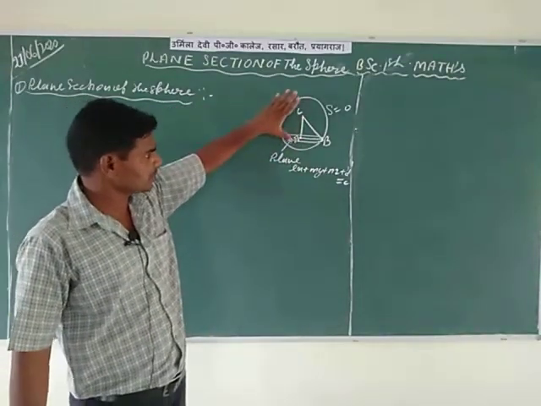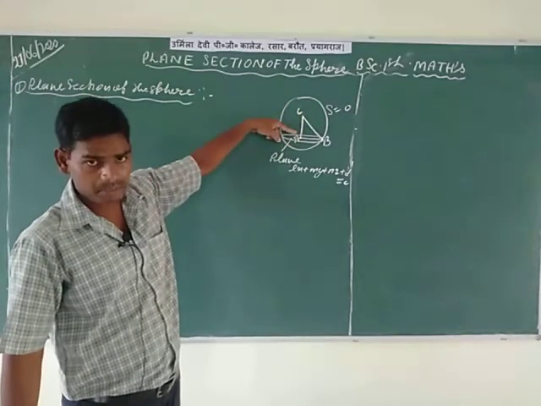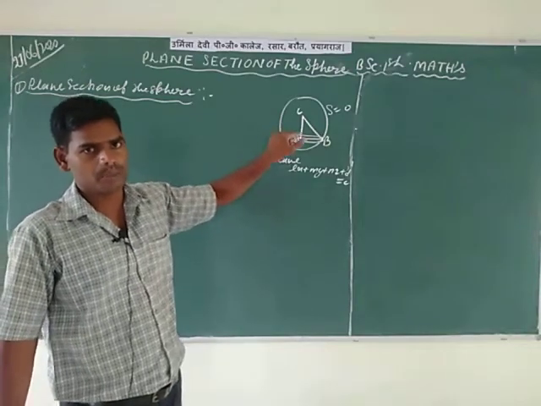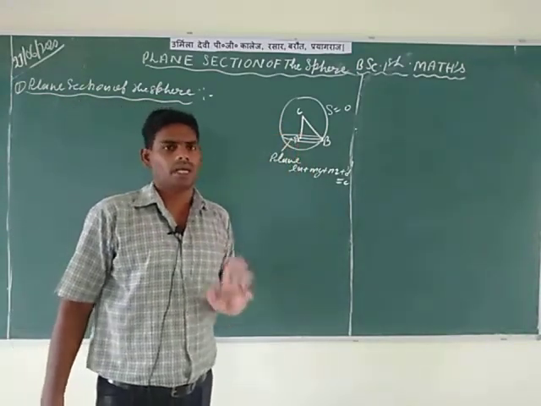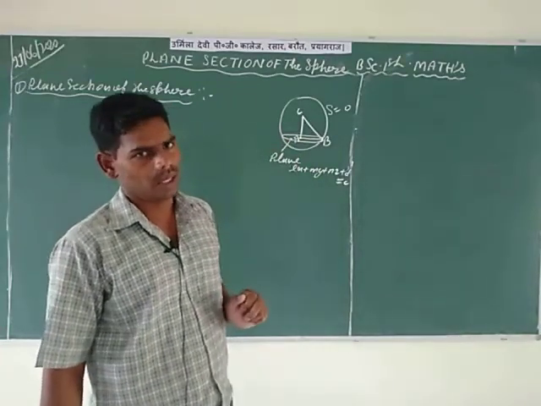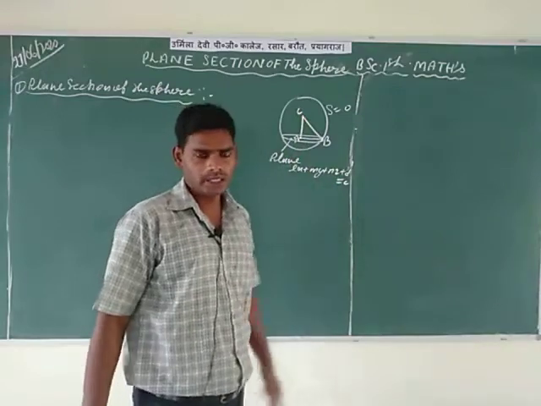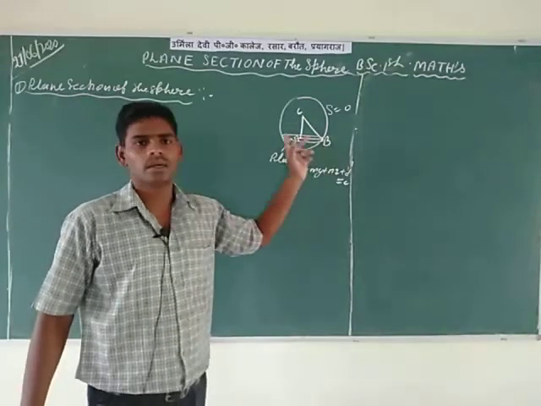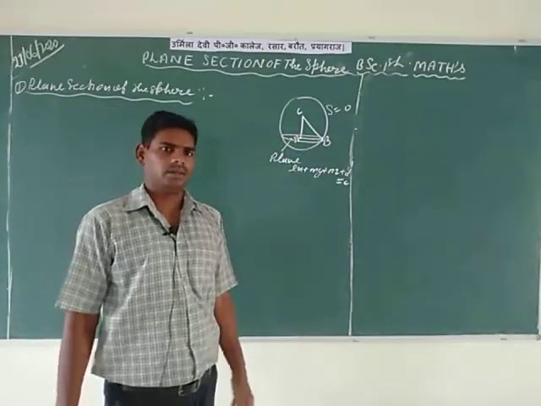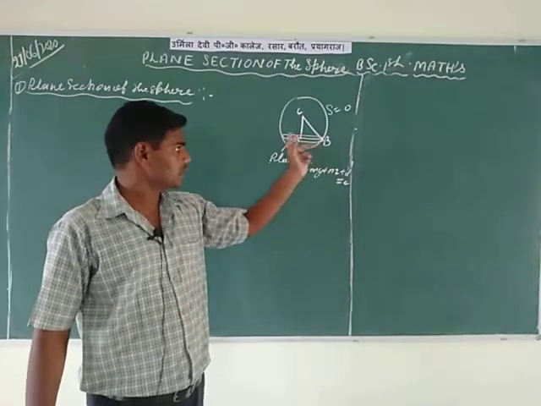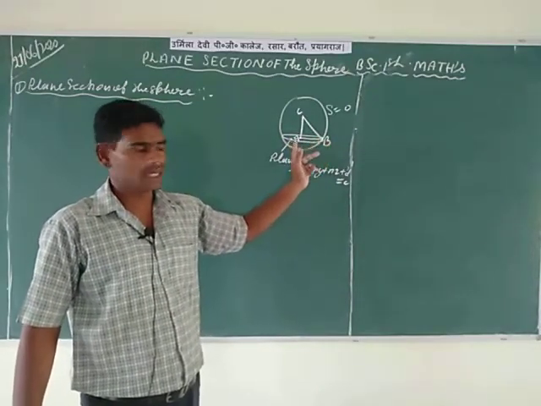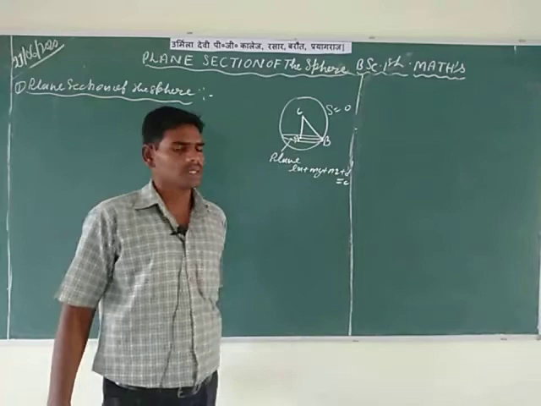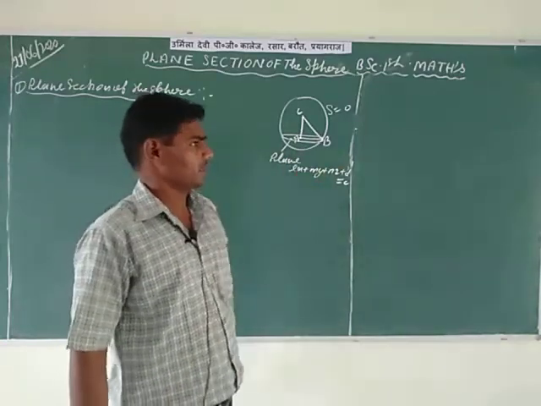In this figure, CA is the perpendicular line from the center on the given plane section, and the meeting point is denoted by capital A. So capital A is the center of the circle, BC is the radius of the sphere, and the third line AB is called the radius of the circle, because B is on the circumference of the circle and A is the center of the circle. By definition, AB is the radius of the circle.